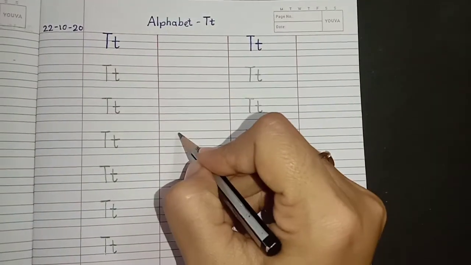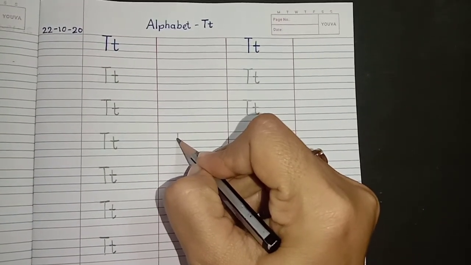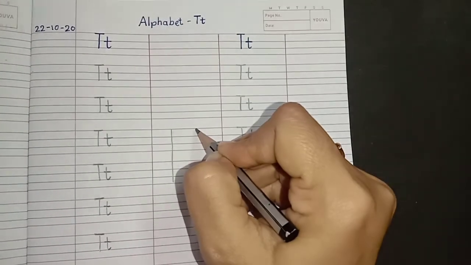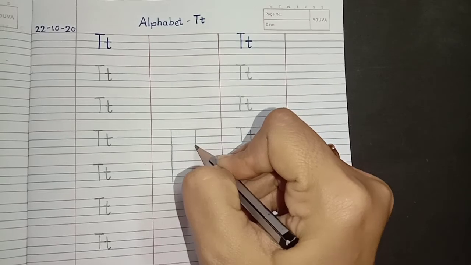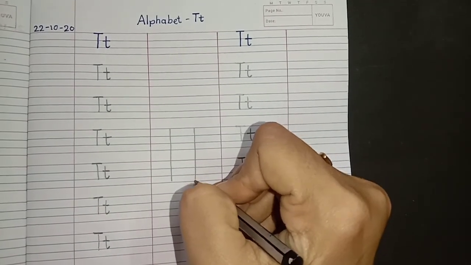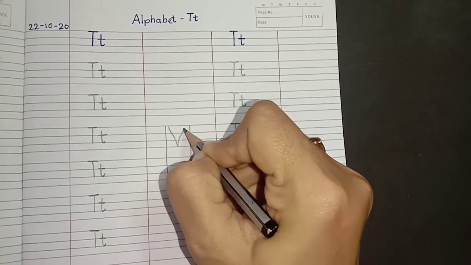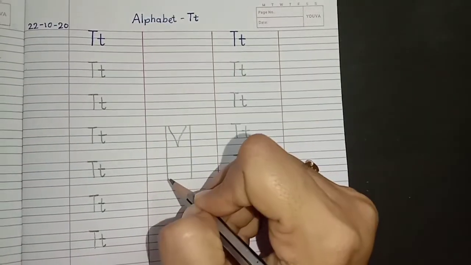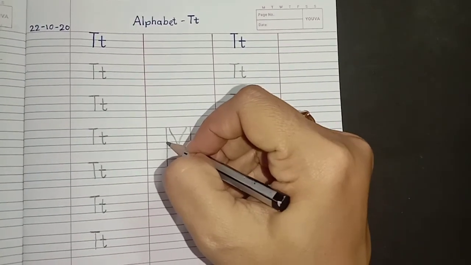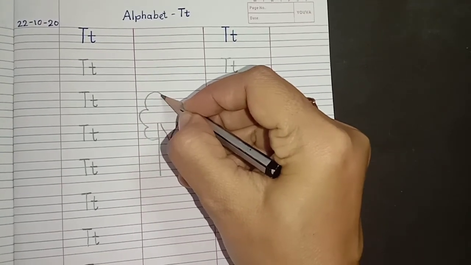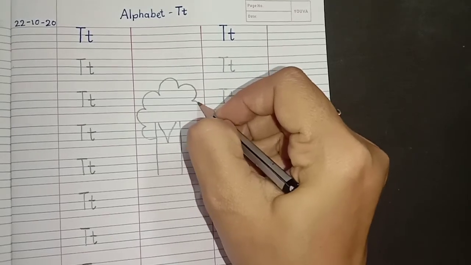For that, make one standing line, then leave some space, make another standing line and make V in between the 2 standing lines, and then from here make curves like this.